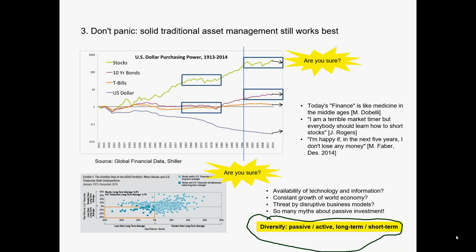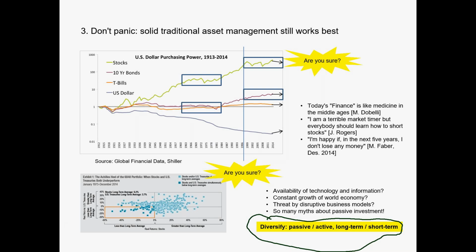And also these disruptive business models. Even companies like Coca-Cola or IBM are a good example. I would not bet that they are so successful for the next 20 years. New Googles, new Apples are coming. That's for sure.